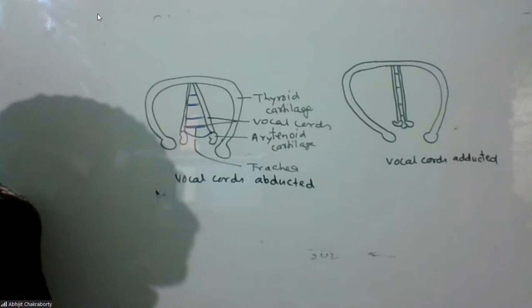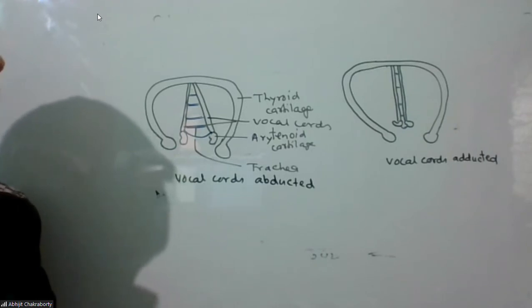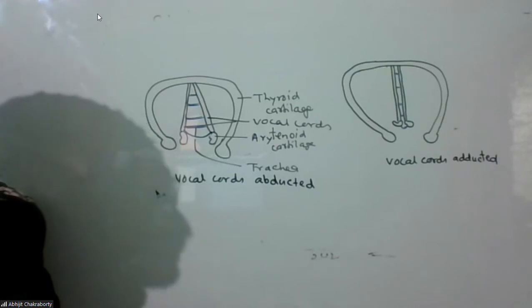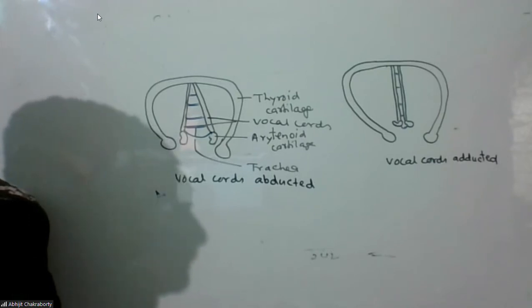When two cords are found close to each other, it is called vocal cords adducted. So whenever we are going to produce sound, two cords are required to be closer to each other, so that whenever air is passing through it, it causes vibration of the two cords, leading to the production of sound.